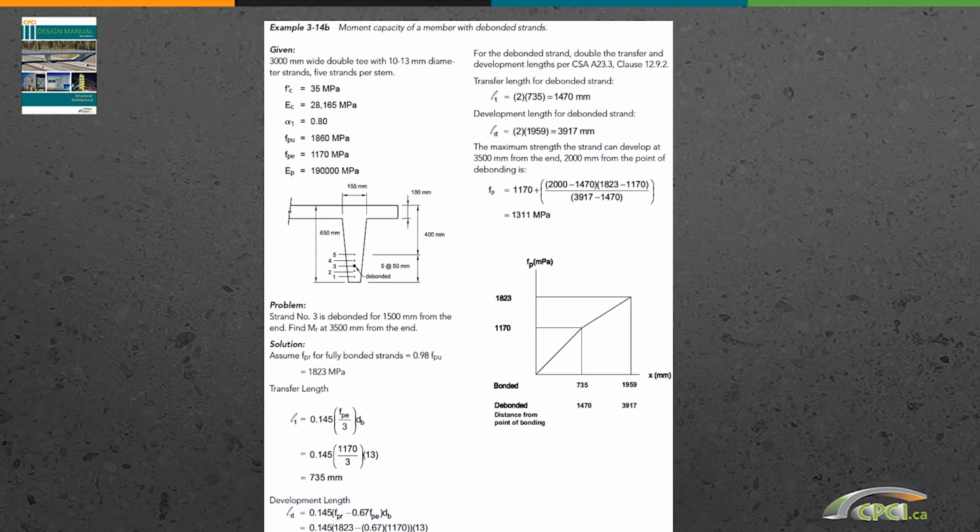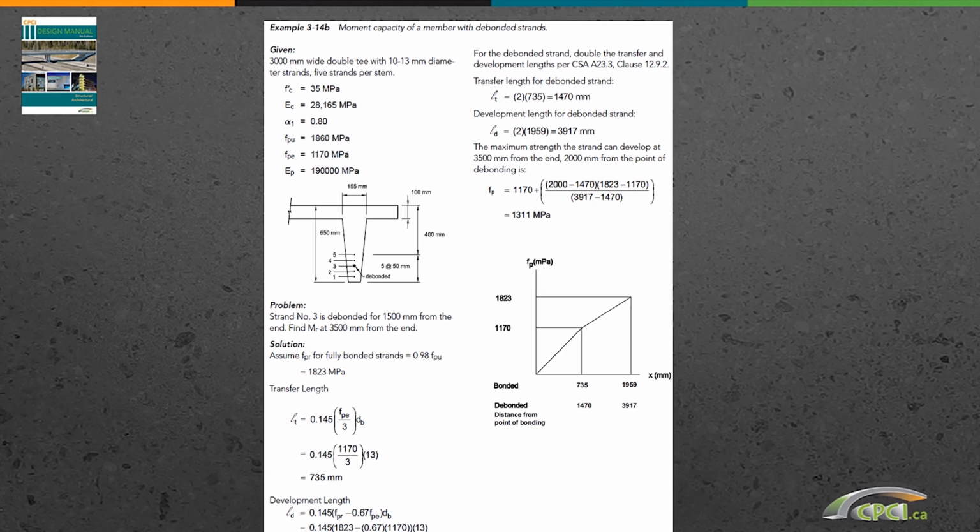So that diagram here explains very well what we just talked about. The bonded strand transfers at 735, develops at 1959. The debonded needs double as much, and this here is the total FPR, the final value, and this here is the value at transfer.